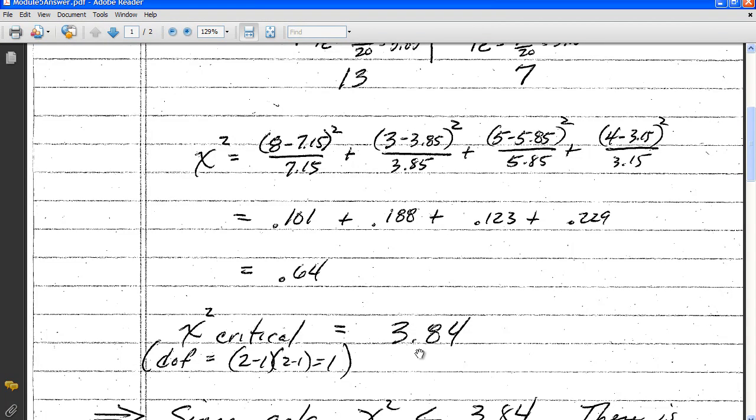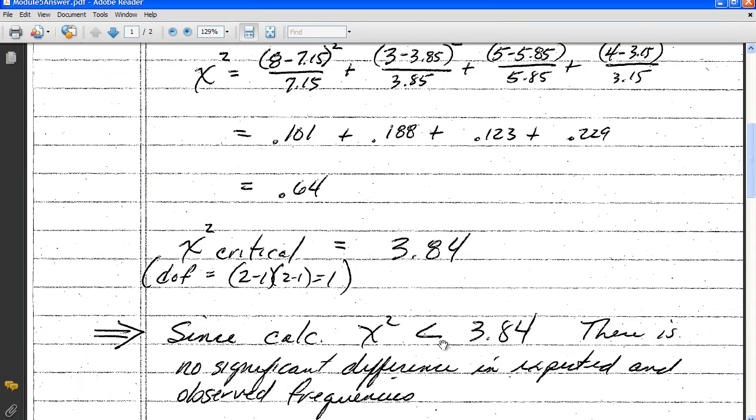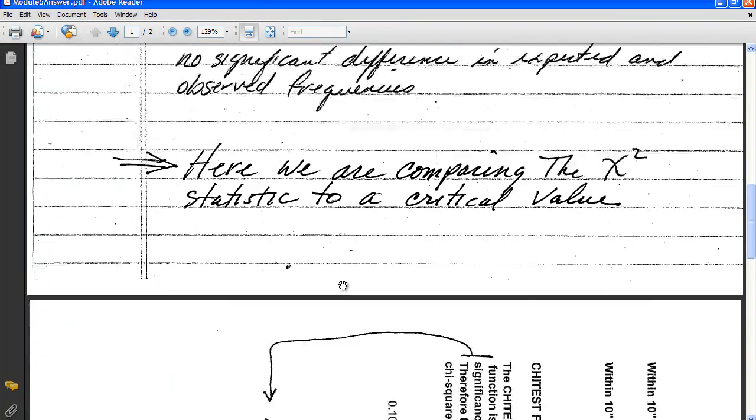So 1 degree of freedom, go to the back of your book, you'll pick out a chi-squared statistic of 3.84, and since our value is much lower than that, there's no significant difference between what was observed and what was expected.